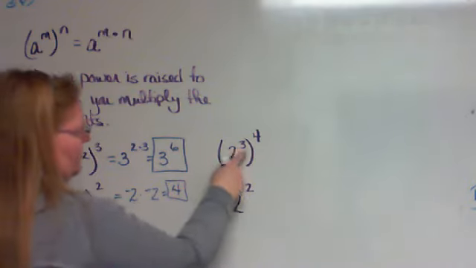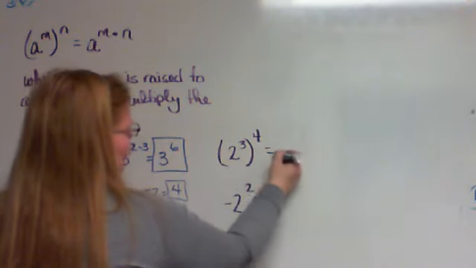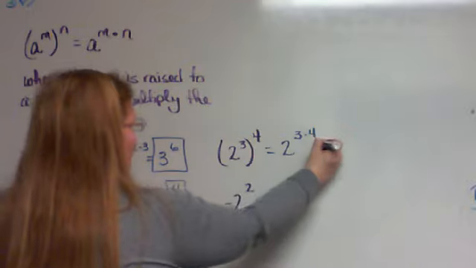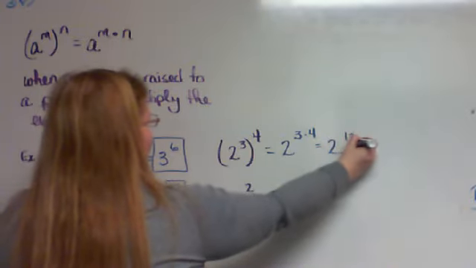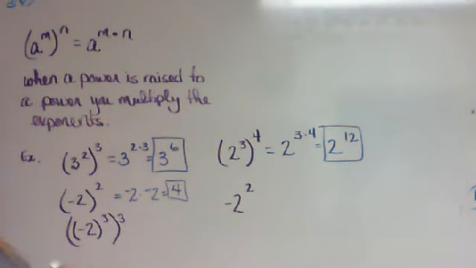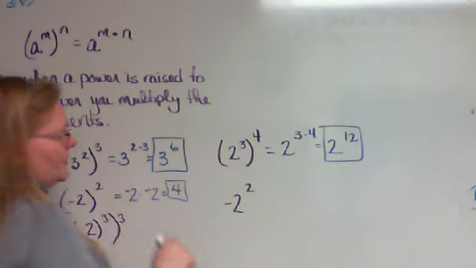Right here, however, 2 to the 3 times 4 is 2 to the 12th. This is another one of those. The question is, what exactly is being squared? Is the whole thing being squared, which means the negative gets written down twice, or is just the number being squared, which means only the 2 gets written down twice?